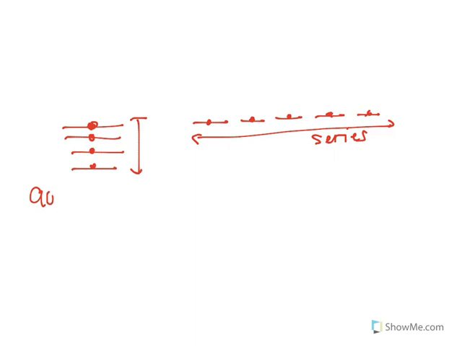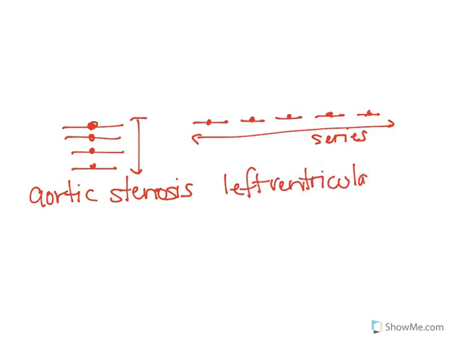So with aortic stenosis, the chamber of the heart that would initially have to work harder would be the left ventricle. Over time, you can get left ventricular hypertrophy, and it's going to be that concentric.